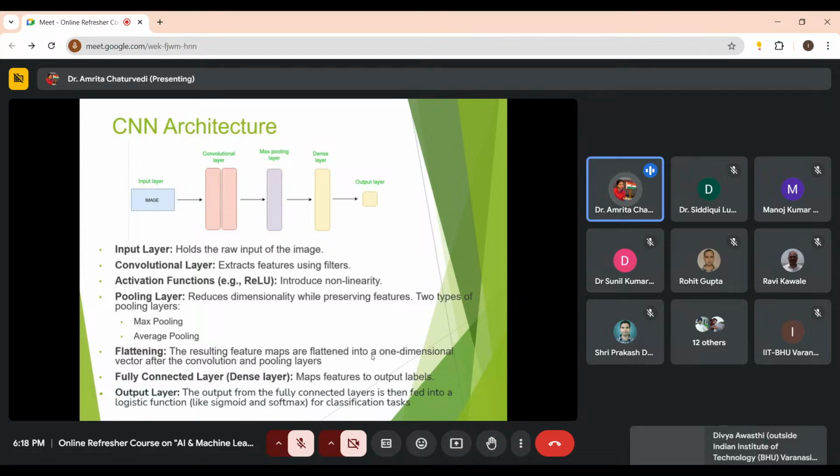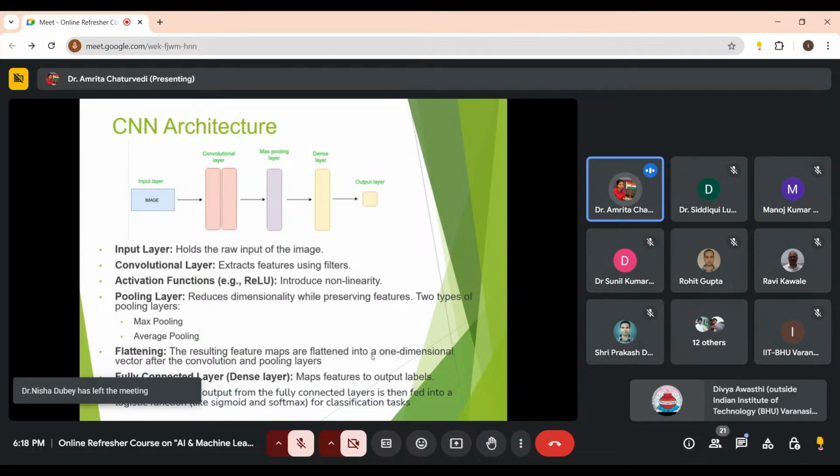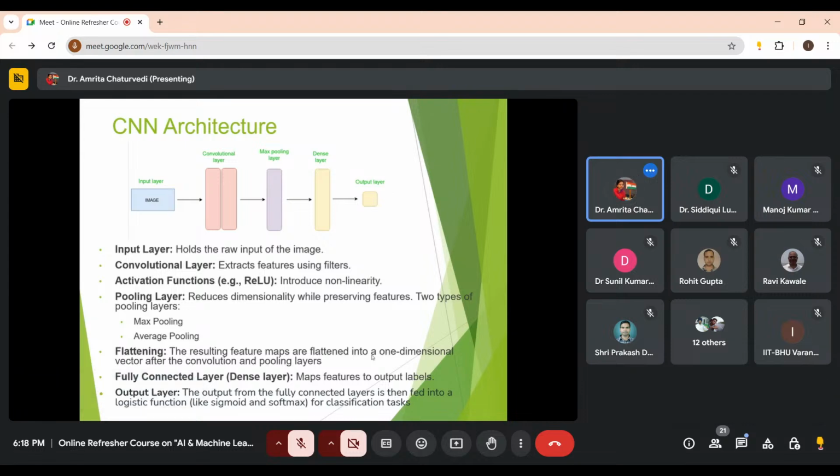So this is how the CNN architecture looks. We have an input layer, convolutional layer, max pooling layer, dense layer or fully connected layer, and finally the output layer. The input layer is the layer at which we provide the input in the form of an image or a set of images.